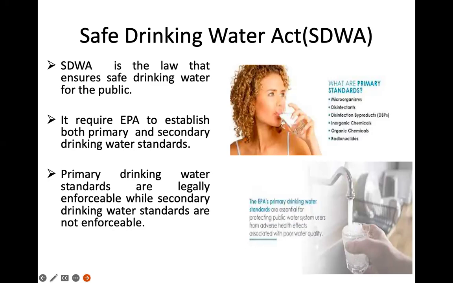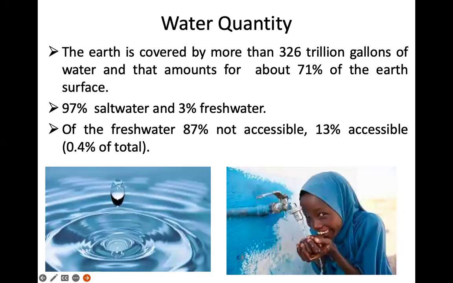There must be regulations led by the regulators to establish both primary and secondary water quality standards, and these must be enforced. So we can have water devoid of microorganisms and other contaminants, and people can consume it without any health challenge. That brings us to water quality and water quality studies.